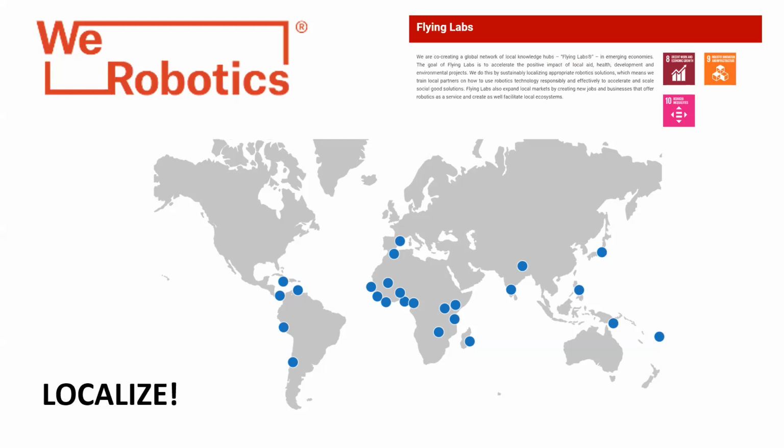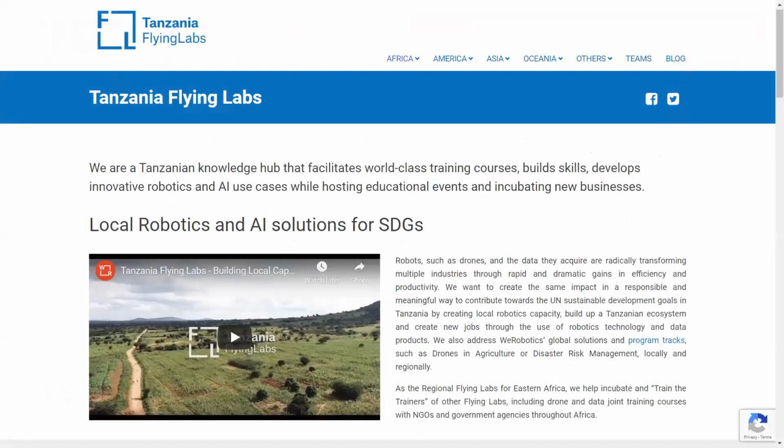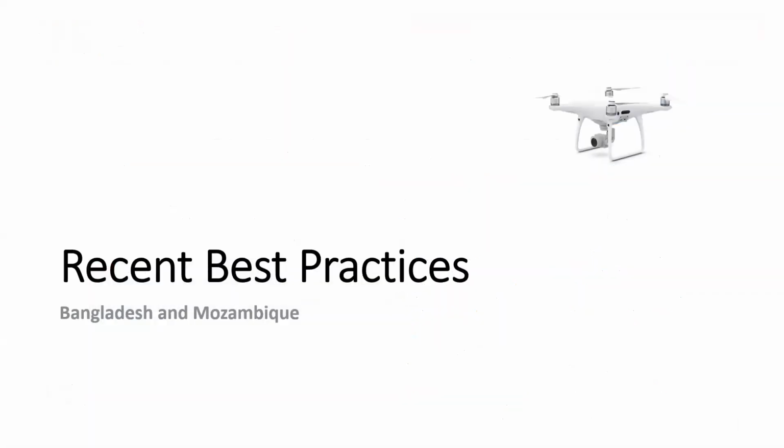So the flying labs are distributed around the world, and our local partnerships aim at building capacity to do this kind of work and to be ready when humanitarian crisis happens. You can follow up at werobotics.org.